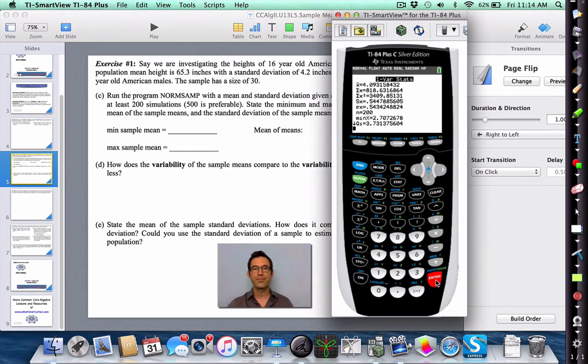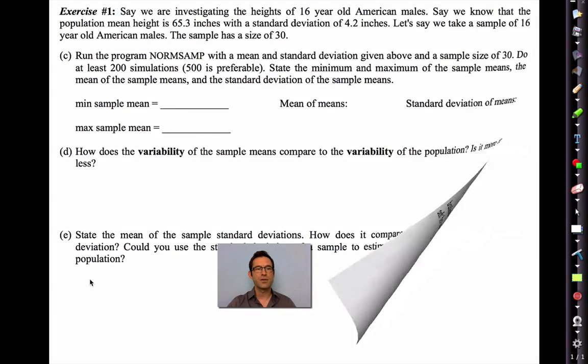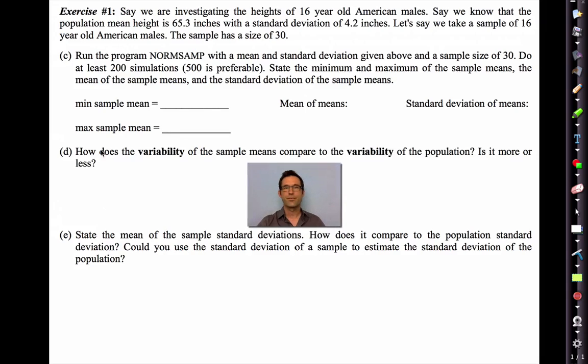All right. I'm going to go back into my keynote. So it says state the mean of the sample standard deviations. The mean of my s's was 4.09.